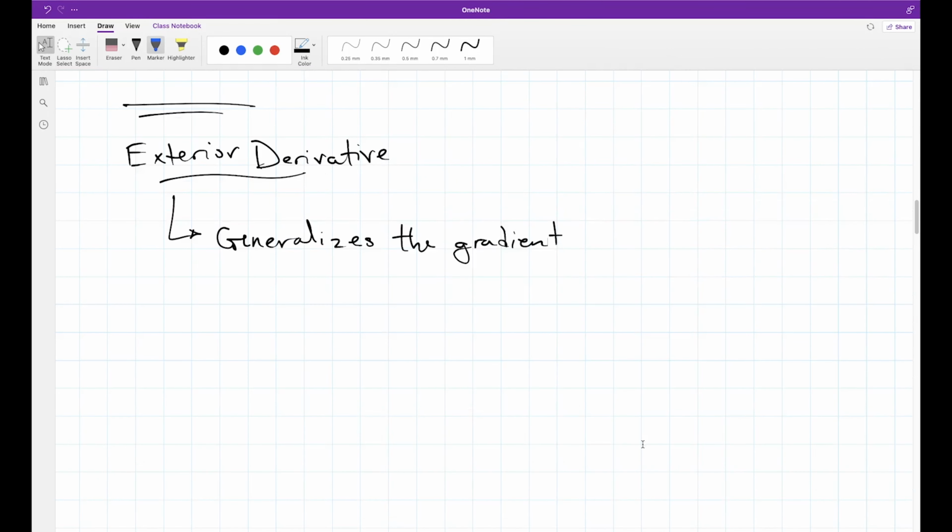It allows us to say something about all of the partial derivatives of a function in every direction all at once. And the exterior derivative is going to allow us to do the same thing. Okay, so what is this thing? The object is denoted by d. And for now, let's say that it's a map from the functions on gamma to one forms on gamma.